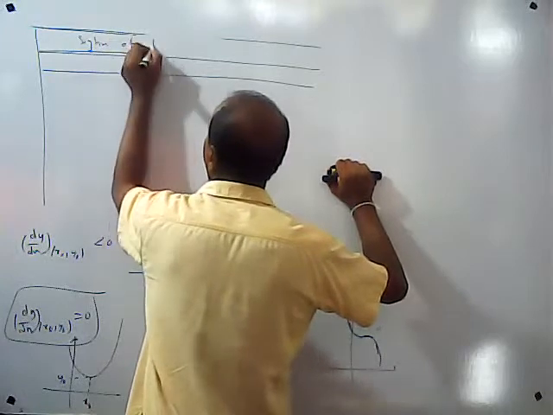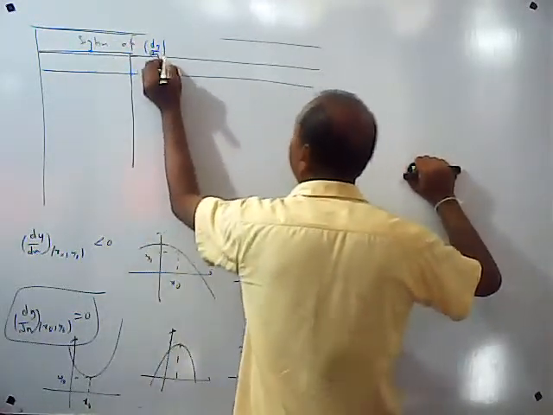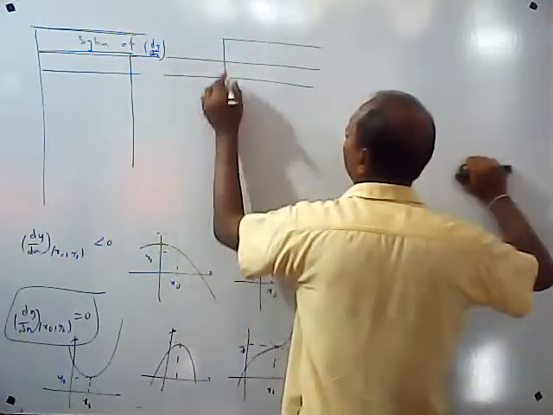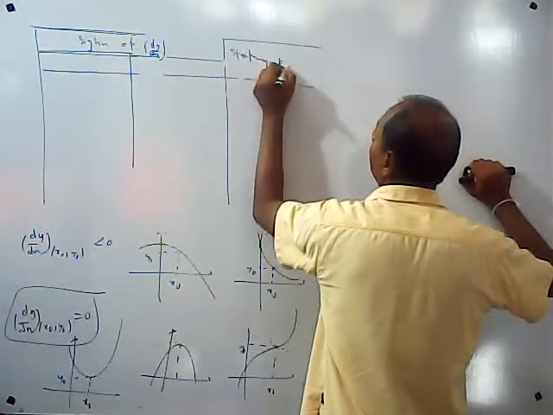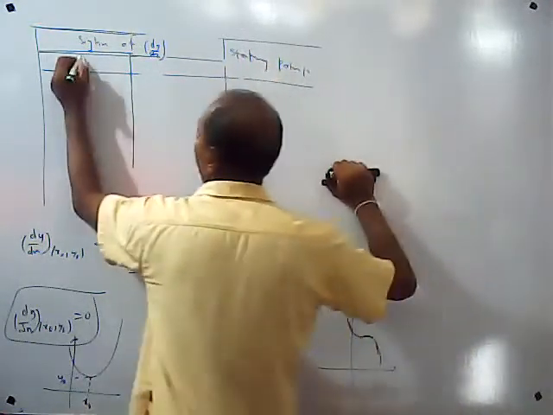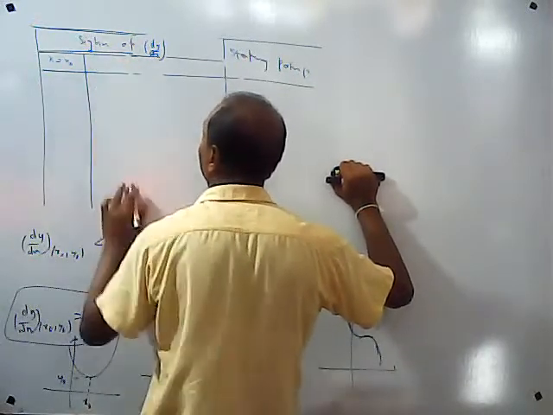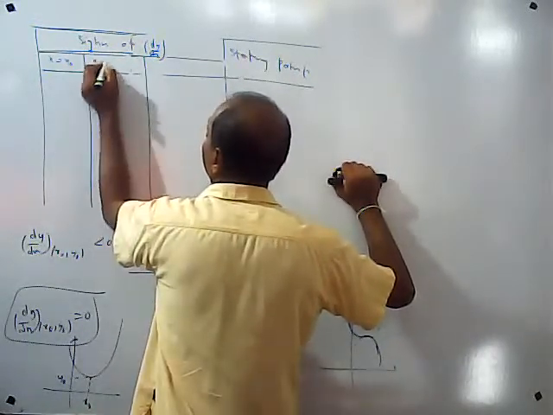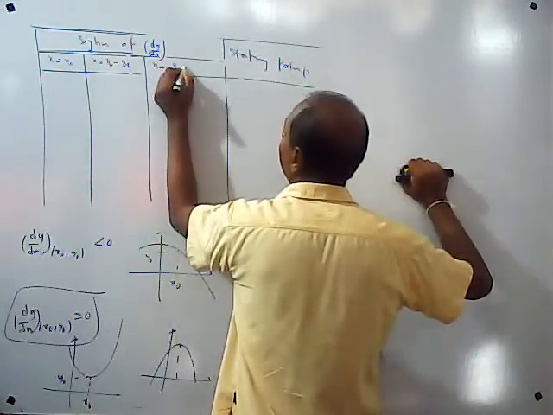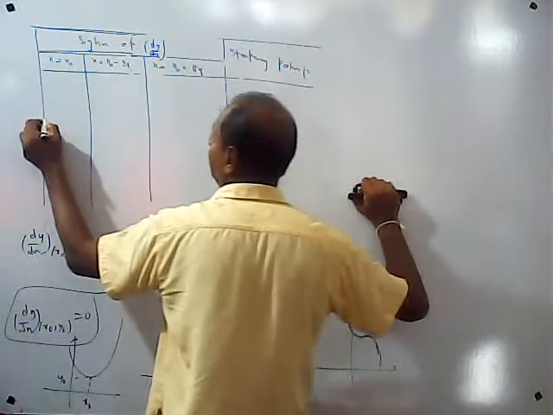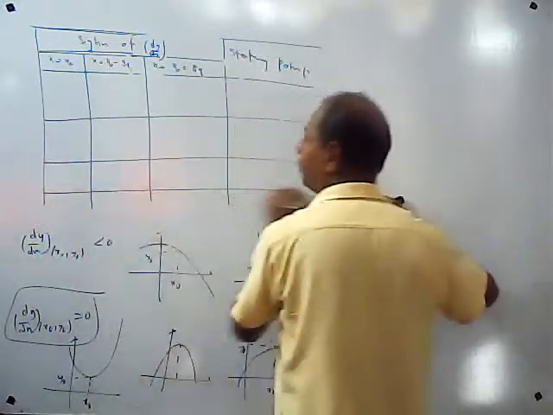Sign of dy/dx, then the stationary point. At x equals x0 minus delta x, at x equals x0, at x equals x0 plus delta x, right? We check the sign of dy/dx.